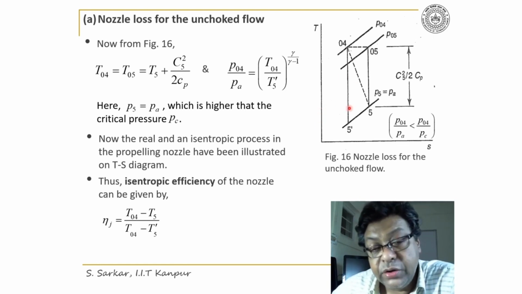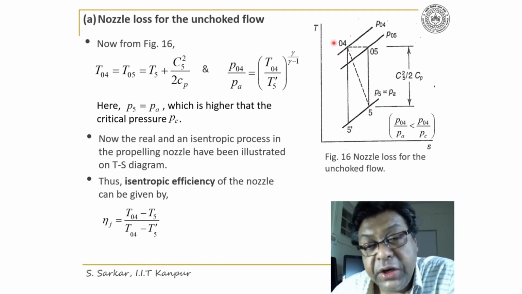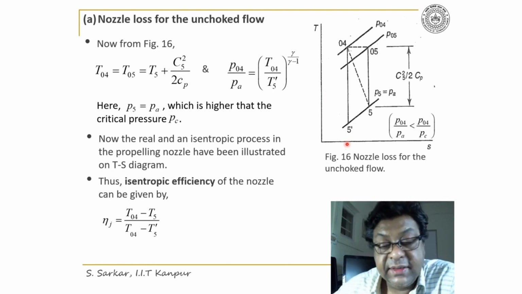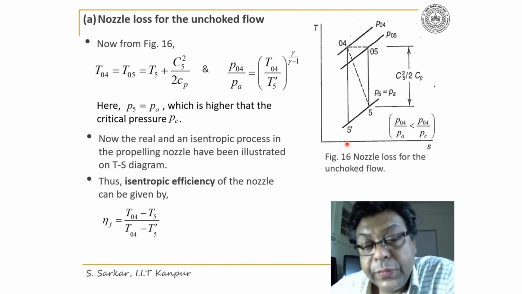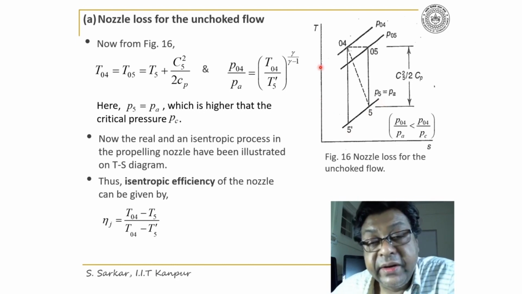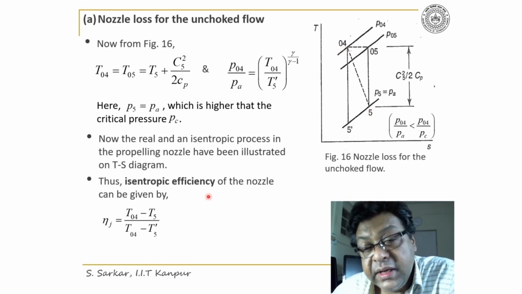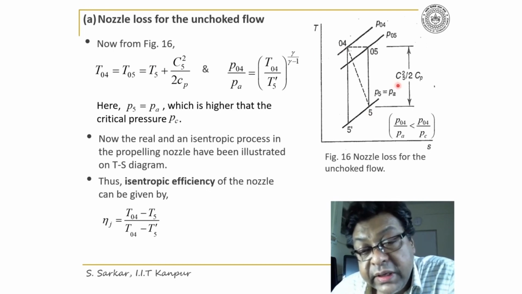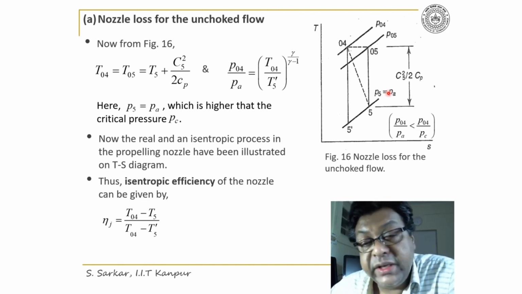And this is the non-isentropic process, so entropy has increased. And 04 to 5 dash is the isentropic expansion in the nozzle. So P5 is equal to the atmospheric pressure. Note that the difference between T04 and T5 can be equated with C5 squared divided by twice Cp.